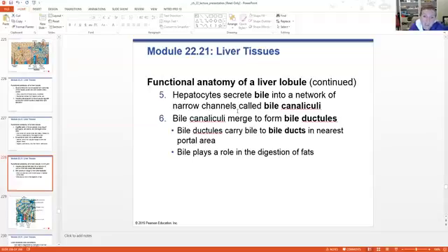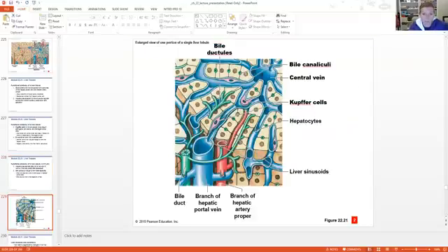So the bile canaliculi basically merge to form bile ducts. The bile ducts basically go into the nearest portal area, and bile plays a role in the digestion of our fats. So here you see the bile canaliculi, these little canals that are absorbing the bile that's produced by the hepatocytes.